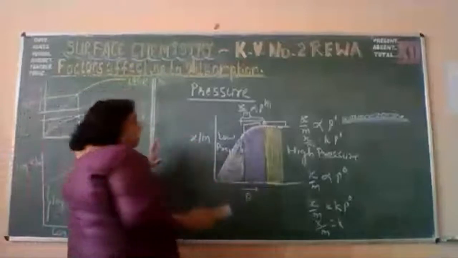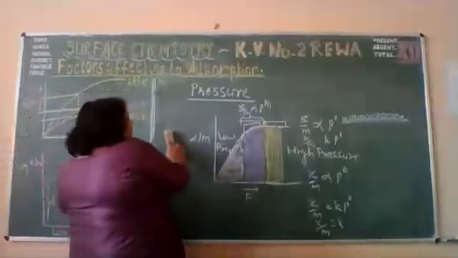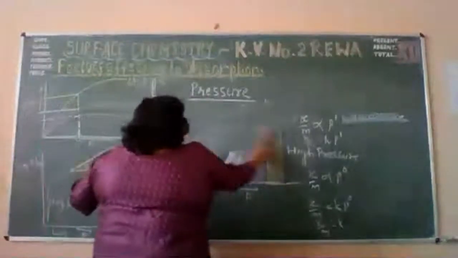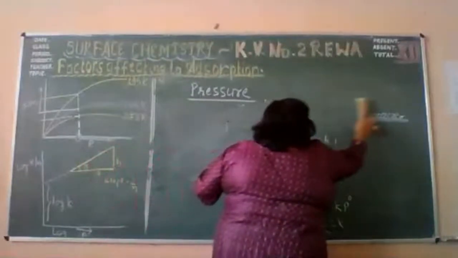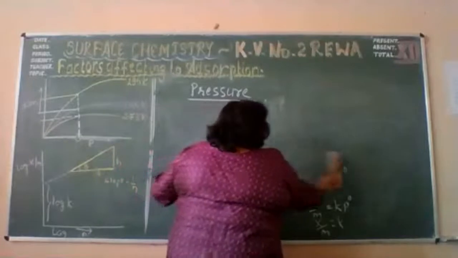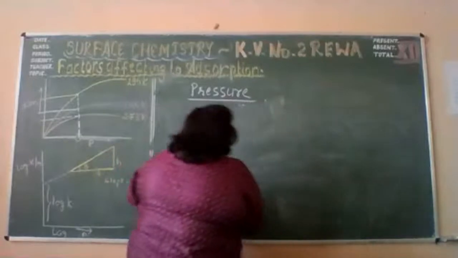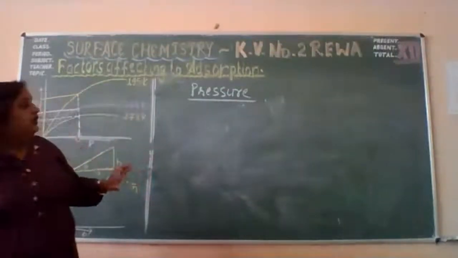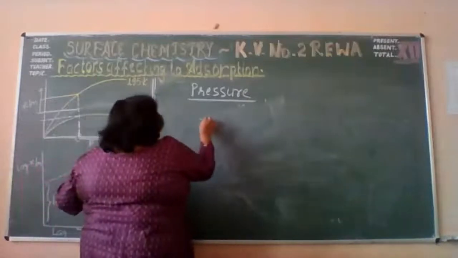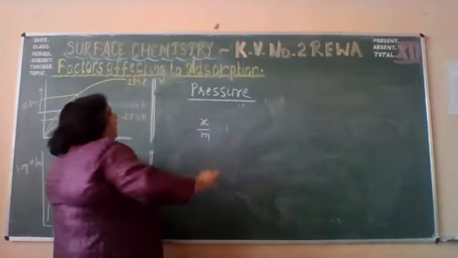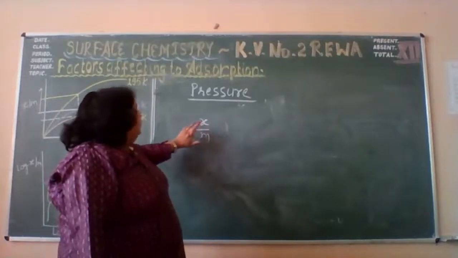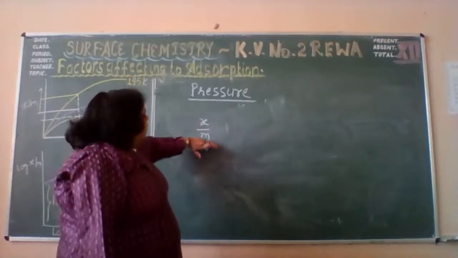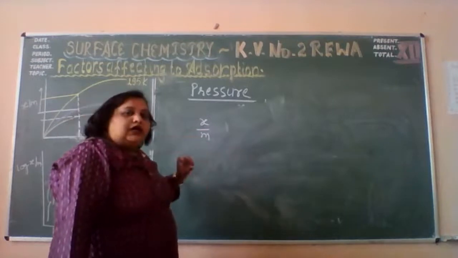I'm writing, can I rub this part? This is x upon m. Again, I am telling you, x is the amount of the adsorbate that is adsorbed by m gram of the adsorbent.